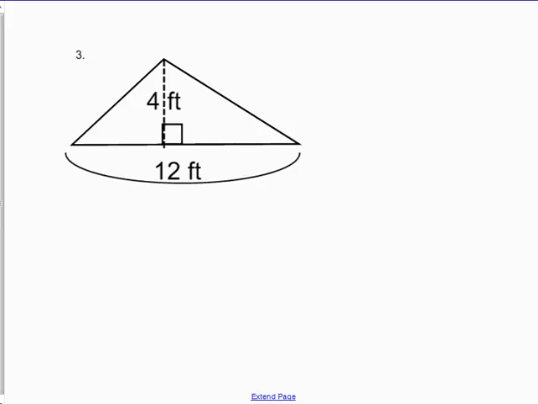Next, we've got a triangle. Now remember, the area for a triangle equals 1/2 of the base times the height. Okay, so where's the base in this? We're going to look at this as being the base. And the height is the altitude.